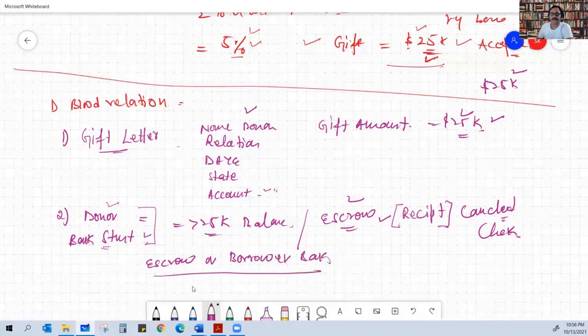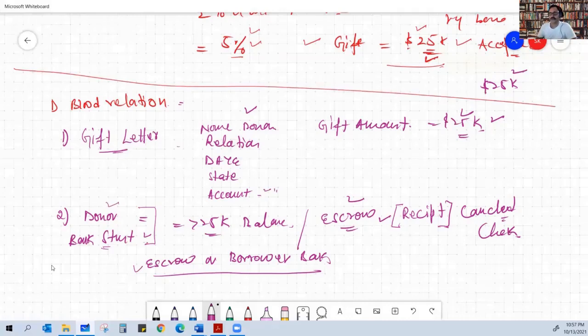That condition always needs to be added, because as of now they are telling us, yes, here I have $25,000 in my bank account, but how am I going to make sure that the amount has been given to the borrower or not? We as a lender cannot schedule closing before having the proper, sufficient funds in the borrower's account.